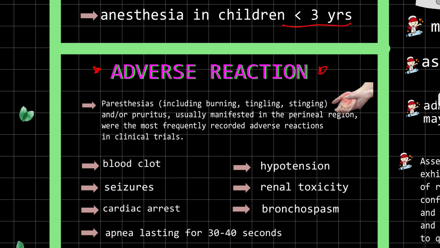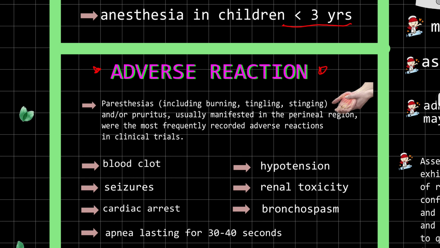All right, because adverse side effects are expected outcomes. Adverse reactions are the least likely to occur, but when it occurs, that will tell you to stop the medication because the patient is not responding very well. All right, so I list down a few here and we're gonna go through it one by one.